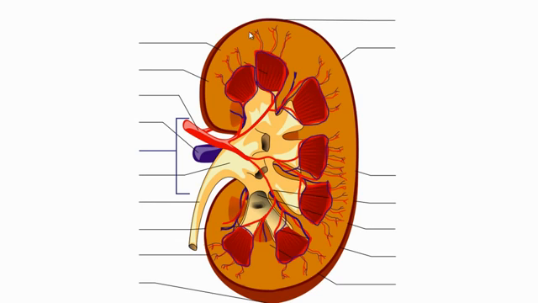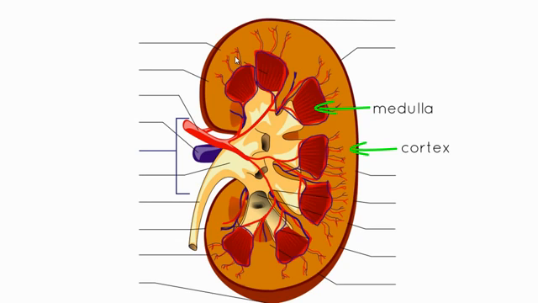So the outer part of the kidney is called the cortex, and the inner part is called the medulla. So you can see these red pyramidal shaped structures. So you've got the outer cortex, renal cortex. So the cortex is Latin for sort of bark or shell, so sort of an outer covering.